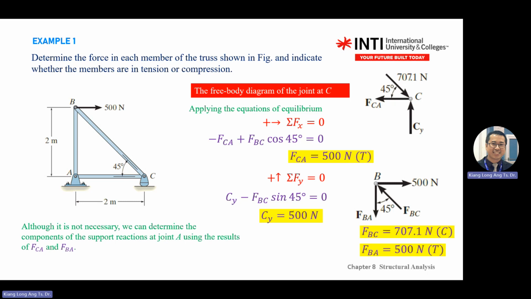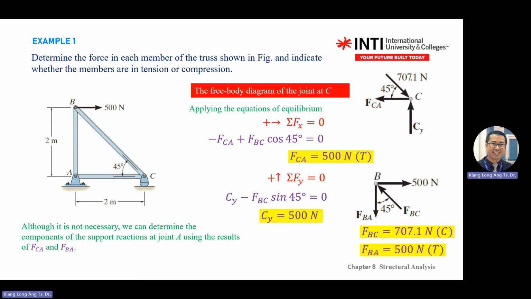Right. So although it's not necessary, you can determine the component of the support reaction at A if you want. Usually you need this in the final exam or test 2. Sometimes the question will extend from here, asking you to find the reaction at A. You should be able to find it because you already have CY and B here to find AX, AY. Don't confuse the pin with external forces.